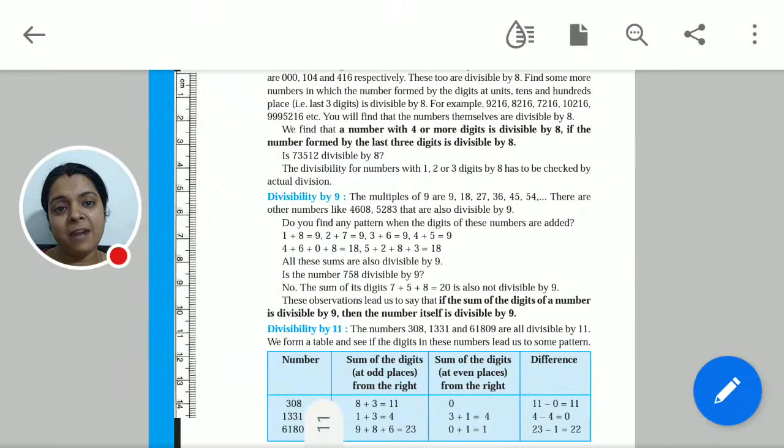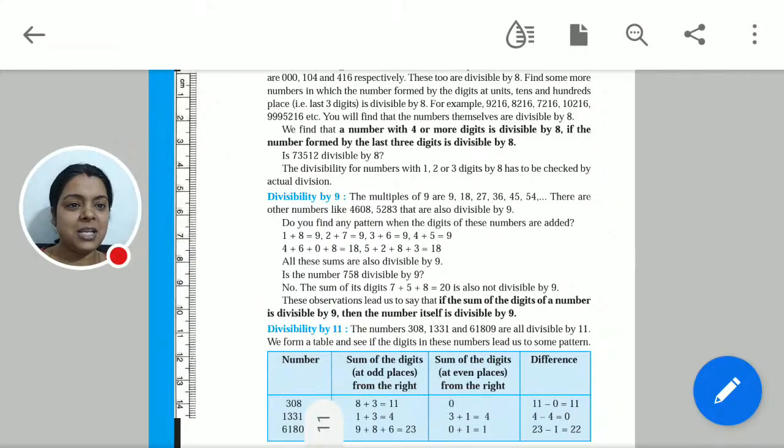Added up all and found the sum of it. And then I checked whether this sum is divisible by 3 or not. The same applies here. Here we first add up all the digits, and then we'll check whether the sum is divisible by 9 or not.